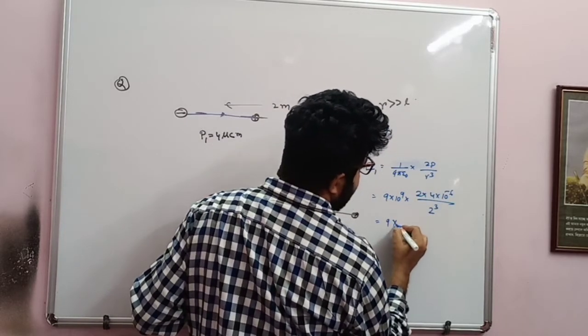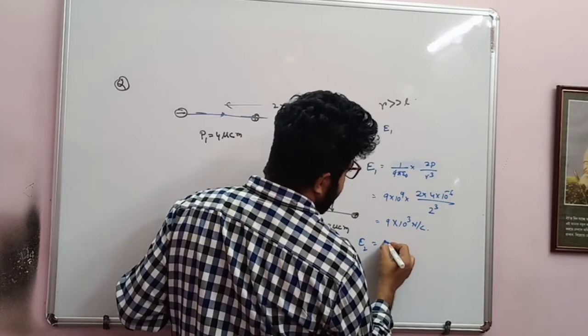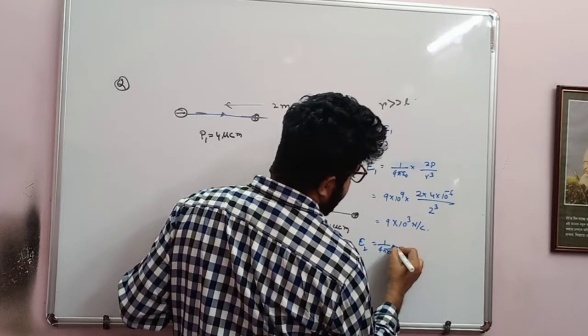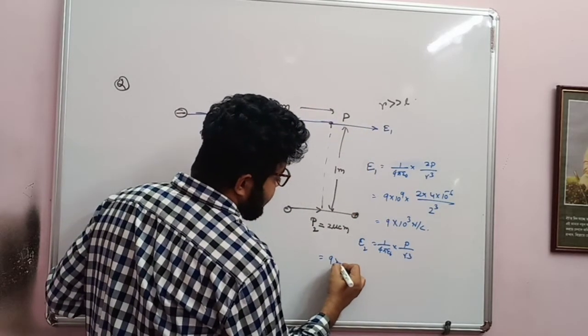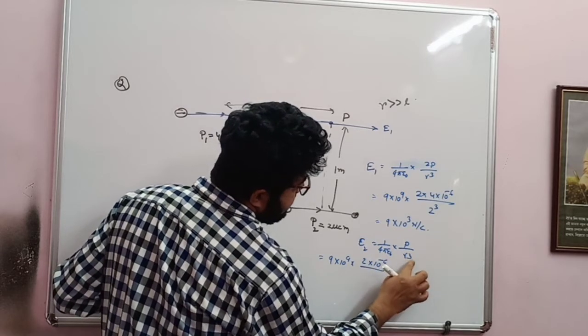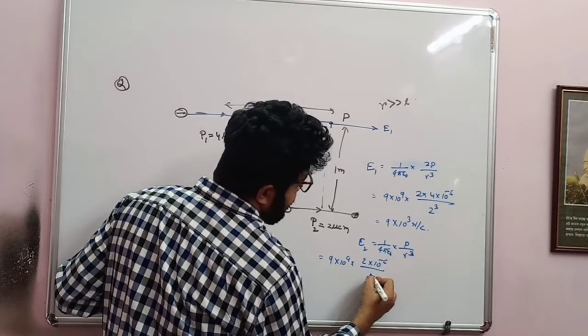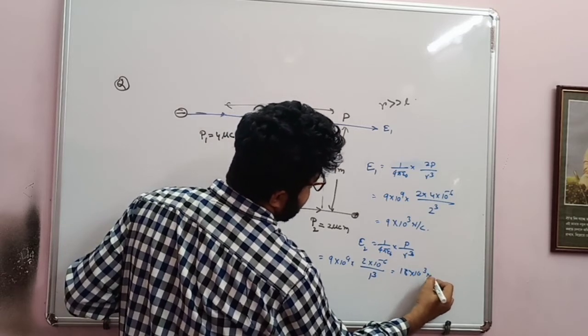So E1 is 9 into 10 to the power 3 Newton per coulomb, and E2 is 1 by 4 pi epsilon naught p by r cube, because it's the equatorial line. So 9 into 10 to the power 9, 2 into 10 to the power minus 6 by 1 to the power cube, that is 18 into 10 to the power 3 Newton per coulomb.